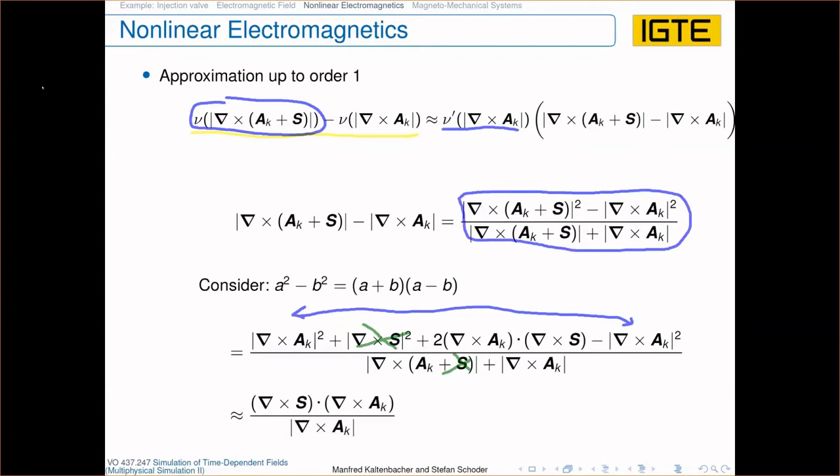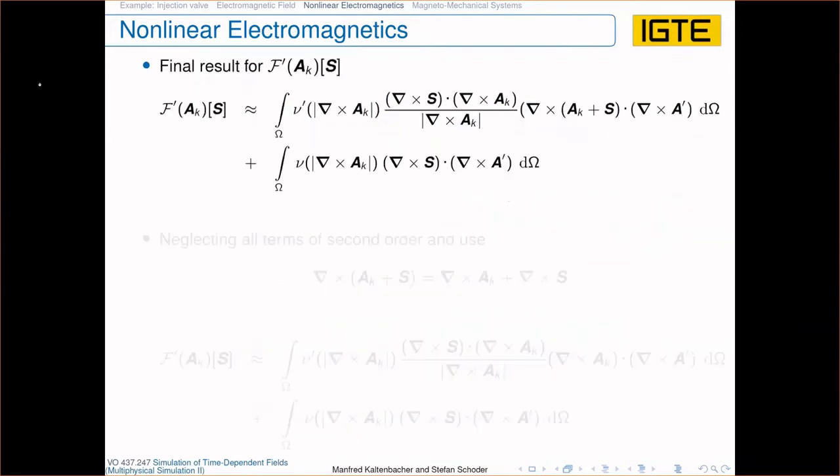Okay, so we have now done this approximation of the increment up to first order, always important. That is why the Newton method is then second order accurate.